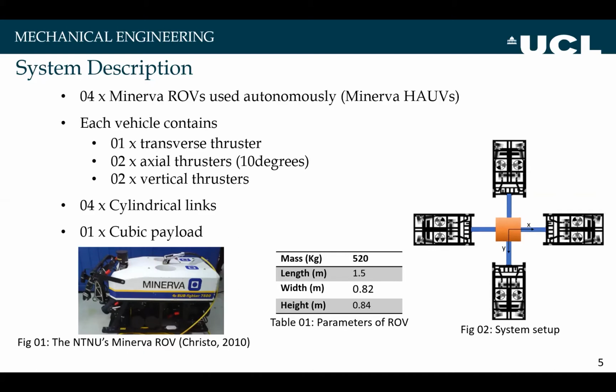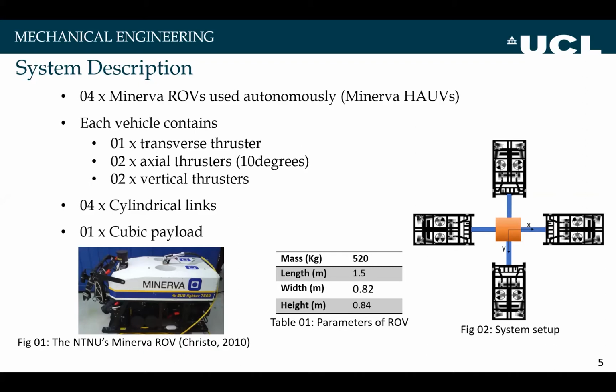So the total will be 4 transverse thrusters, 8 axial thrusters, and 8 vertical thrusters for the 4 vehicles of the system. These 4 vehicles are connected to a cubic payload through cylindrical links.